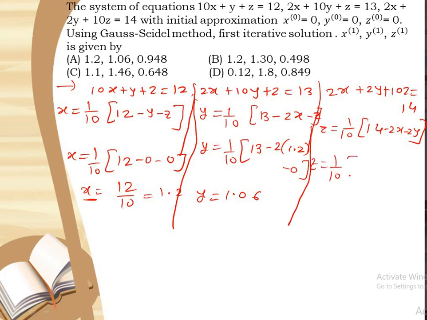After calculation we get the value, and now we have to calculate the value of z, that is equal to 1 by 10 times (14 minus 2 into the value of x, 1.2, that we already calculated, minus 2, and the value of y is 1.06).